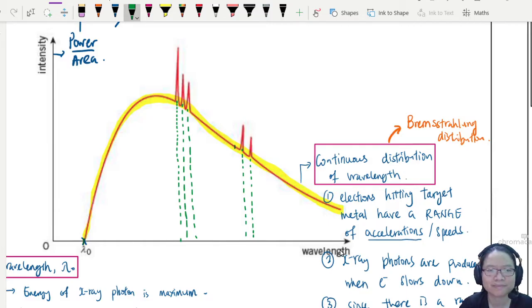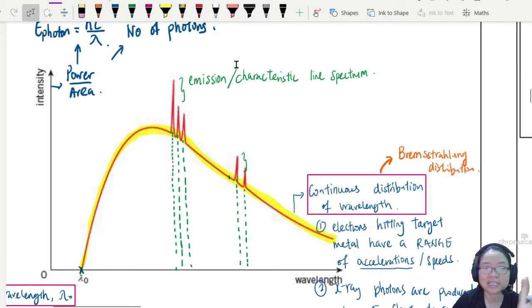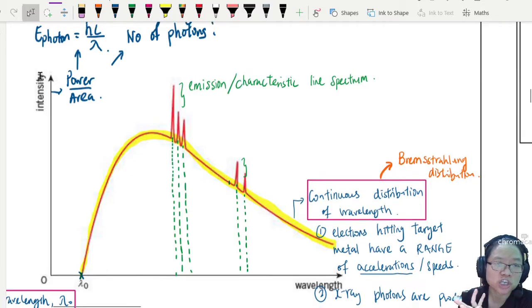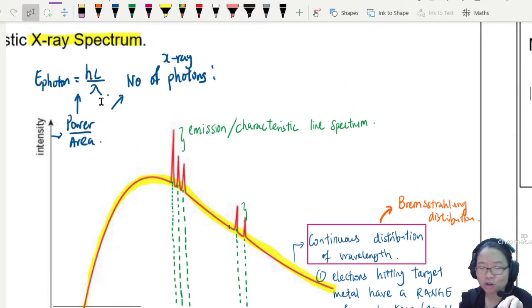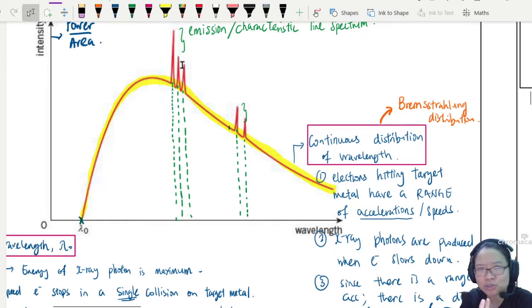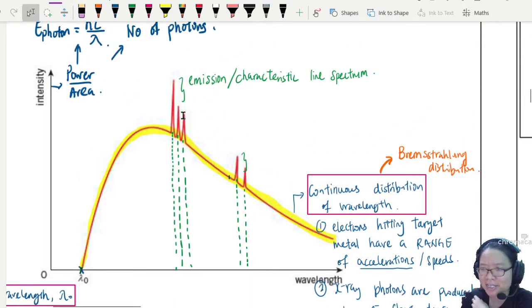These are what we call the characteristic lines. So this is the emission or characteristic line spectrum. And they noticed that for the same element, they will have the peaks exactly at the same places. No matter how much they adjust the speed of the electron, you still get the same characteristic line spectrum.